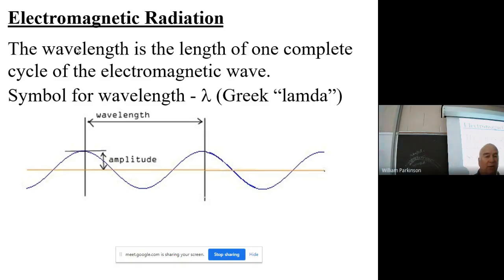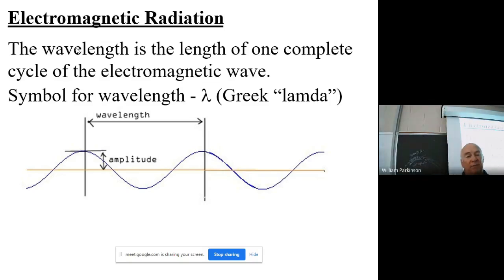And when I return to the next peak, I have found one wavelength. Now the symbol that scientists use for wavelength is the Greek lowercase lambda. So this is pretty much the ubiquitous symbol that we use for measuring the wavelength of light.